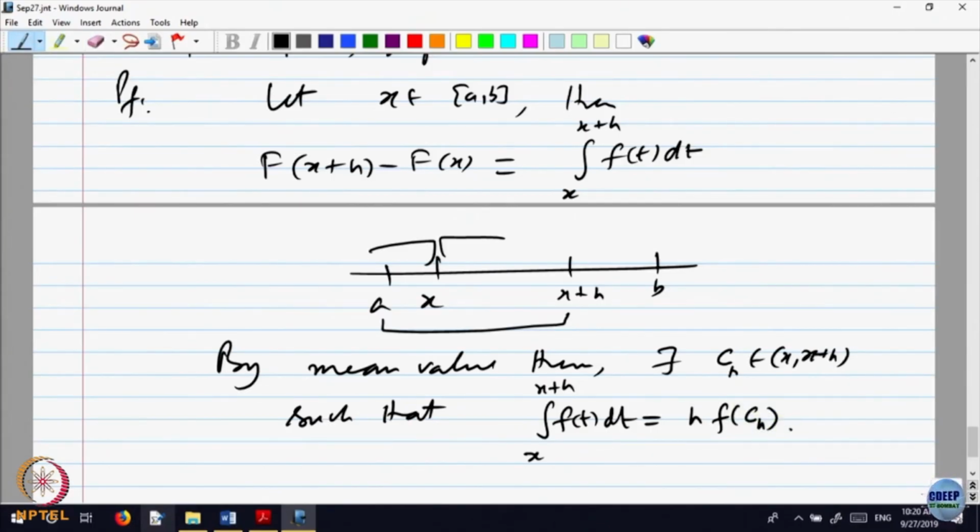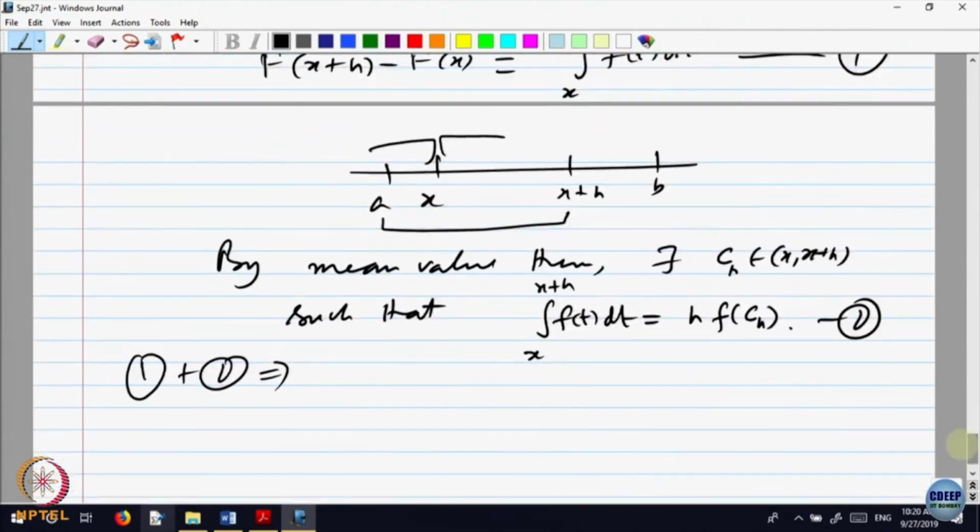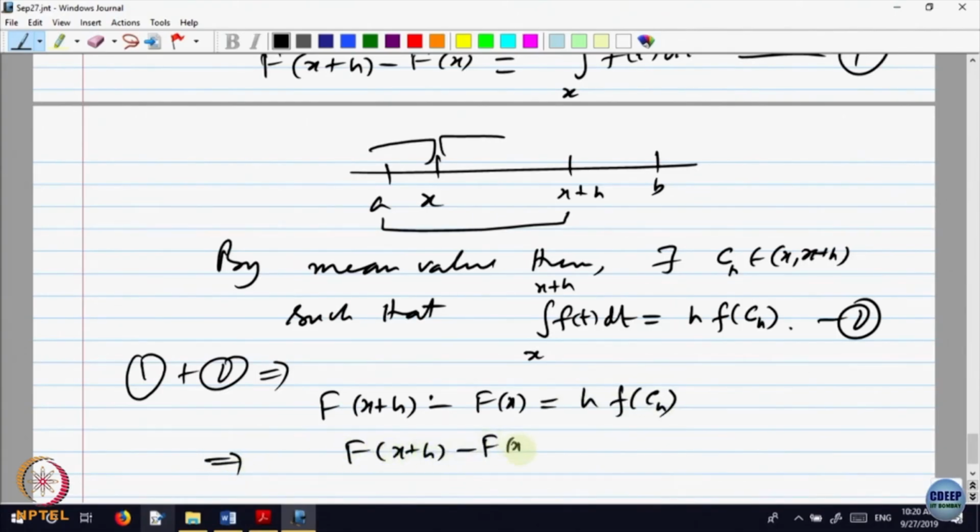Right. So put this value in this, call that 1 and call this 2, 1 and 2 imply f of x plus h minus f of x is equal to h times f of c_h. So that implies that the ratio f of x plus h minus f of x divided by h is equal to f of c_h.